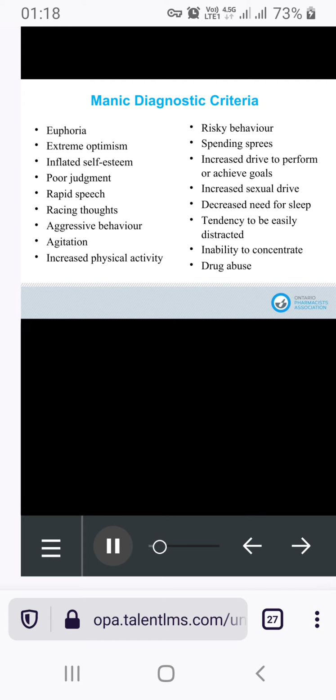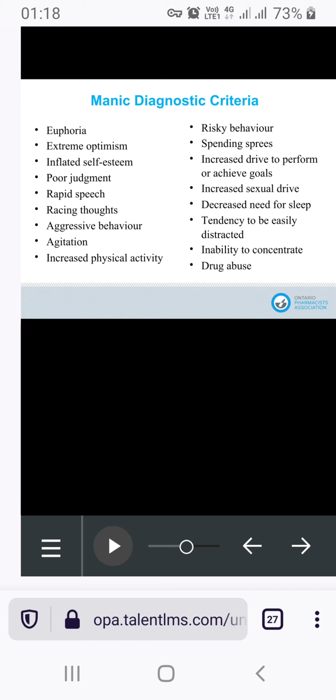Euphoria, extreme optimism, inflated self-esteem, poor judgment, rapid speech, racing thoughts, aggressive behavior, agitation, increased physical activity, risky behavior, spending sprees, increased drive to perform or achieve goals, increased sexual drive, decreased need for sleep, tendency to be easily distracted, inability to concentrate, and drug abuse.